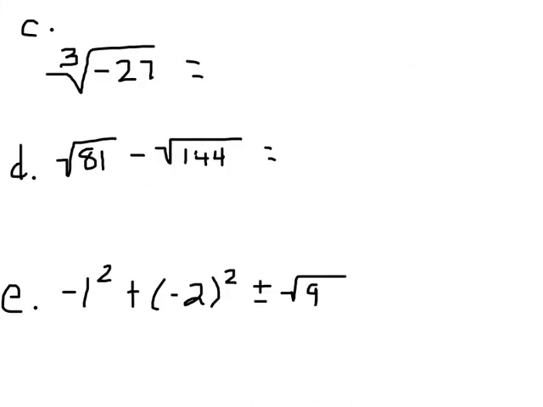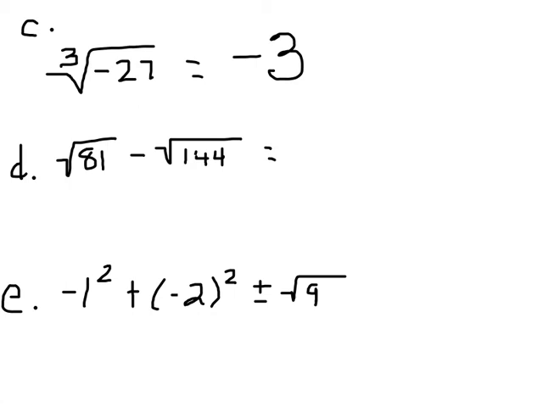Alright, C says the cubed root, and cubed means a number times itself 3 times, of negative 27. Well, the cubed root of 27 is 3 because 3 times 3 is 9, and then one more time times 3 is 27. So I can say then that it would be negative 3 to give me a negative 27.